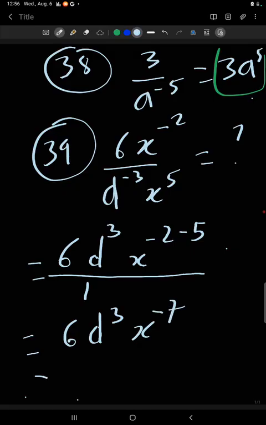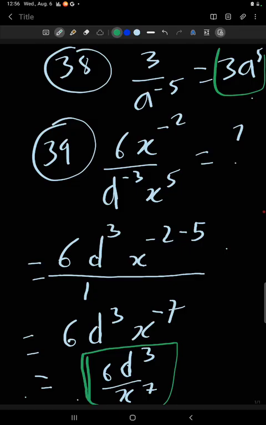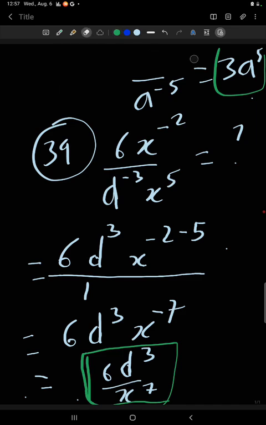But we also know that x to the negative 7 isn't the form we need because we need positive powers. It's going to be this. The answer to 39 is going to be this right here. Okay, 39 is that.